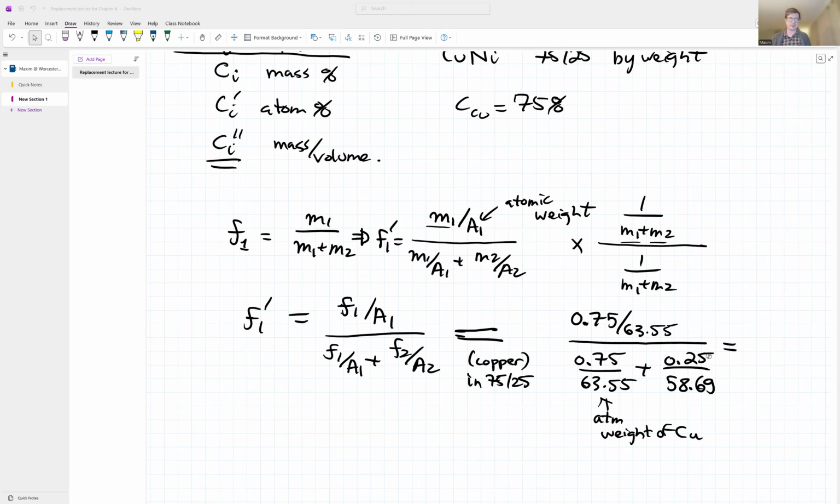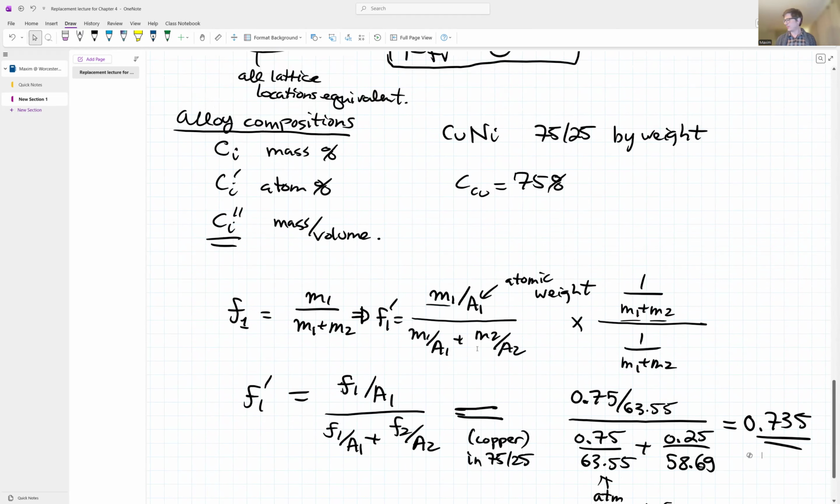Okay, I get 0.735. Let me double check that last digit. 735, yeah. So you see the actual amount of copper is a little less because copper is a little bit heavier than nickel.